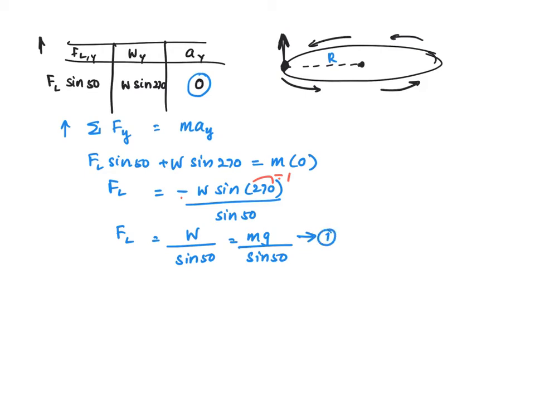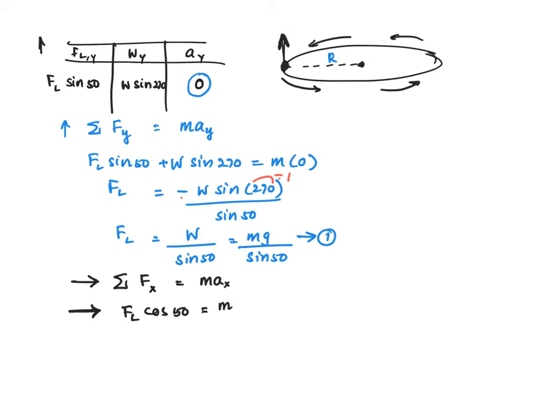And in order to set the second equation, we are looking at Newton's laws along the centripetal direction or the radial direction, or in this case you can call it x direction too. And that would be mass times acceleration. And the forces along this direction, net force would be FL cosine 50. And we are getting these things from the table on the other side of the video.